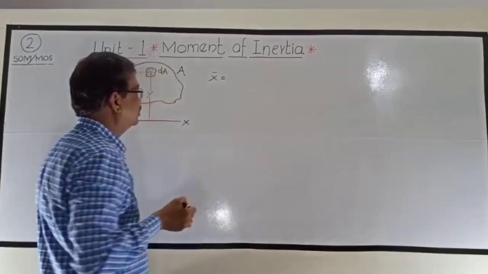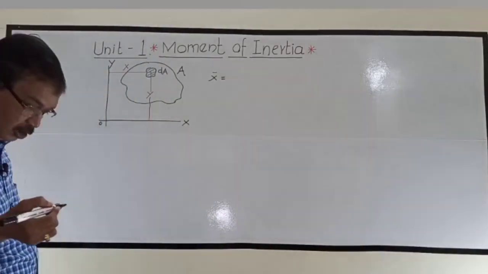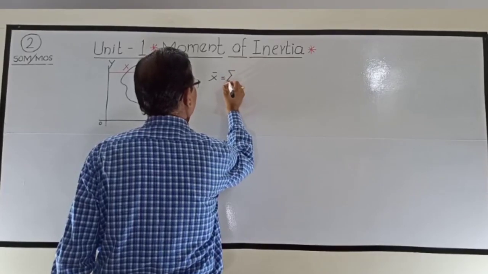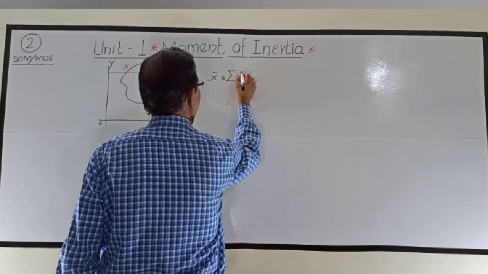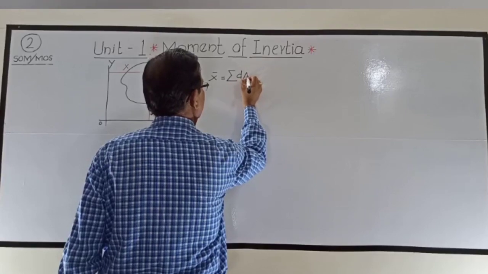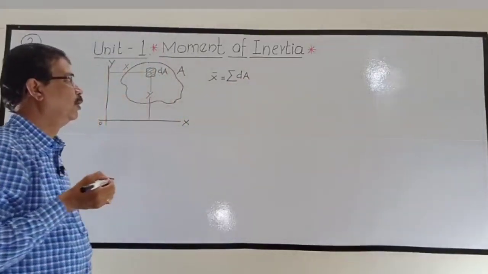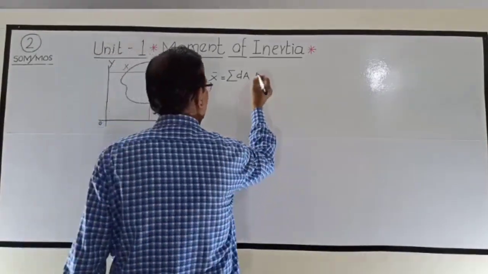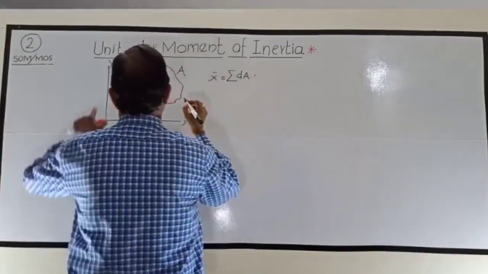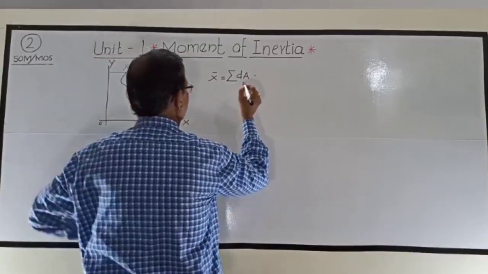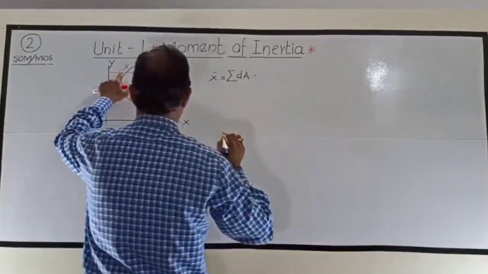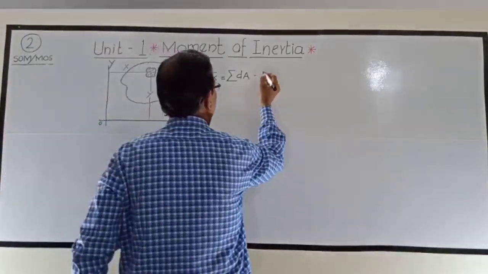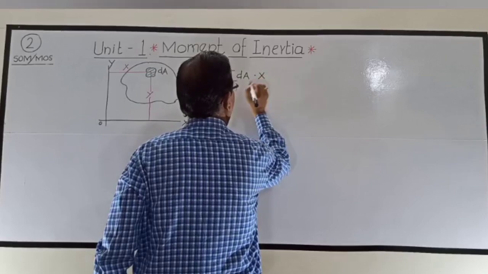So how do we get the centroid? X bar is the distance from the y-axis. So it is the summation of dA, the areas of all elemental parts of that lamina, multiplied by x, since we are taking moment about the y-axis.